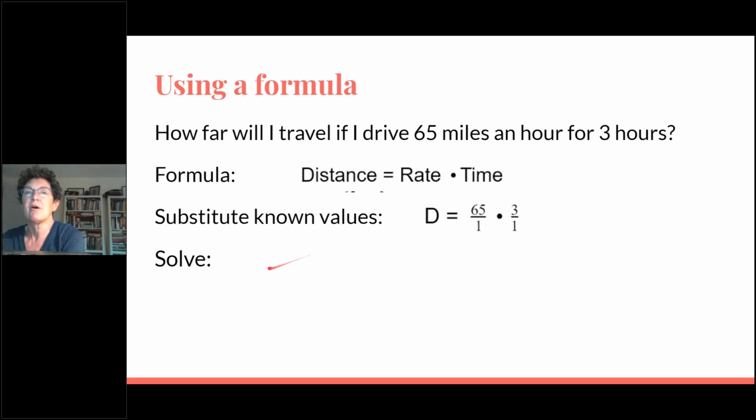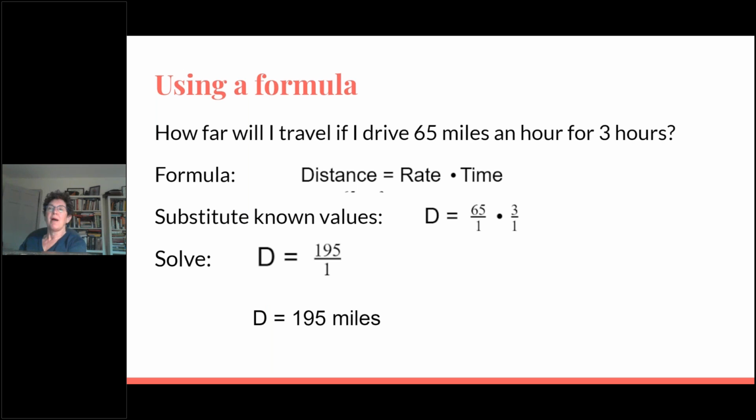So now we just solve, and we get distance equals 195 over 1. 65 times 3 is 195. 1 times 1 is 1. And then when we simplify 195 over 1, we will get 195.